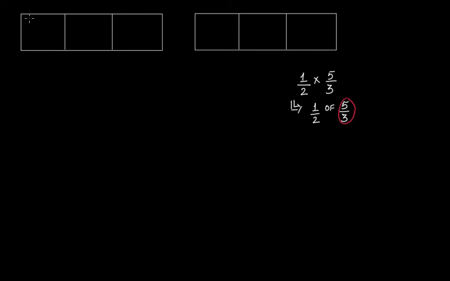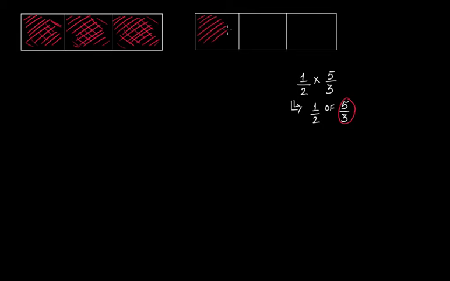So if we shade, this will be 1 by 3, this will be another 1 by 3, that is now we have 2 by 3, this is another 1 by 3, that is now we have 3 by 3, this is another 1 by 3, so now we have 4 by 3.